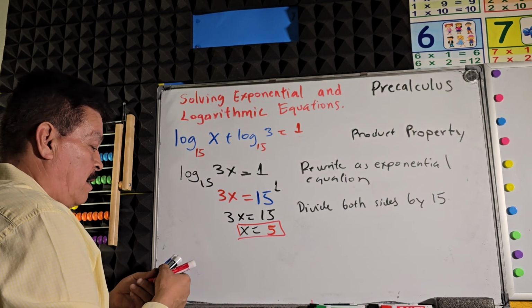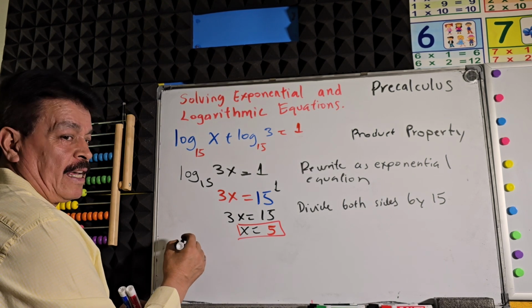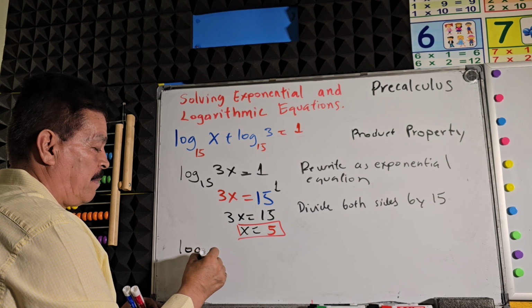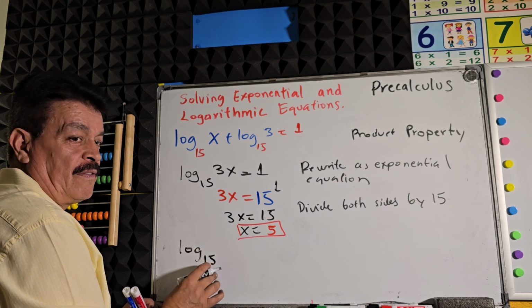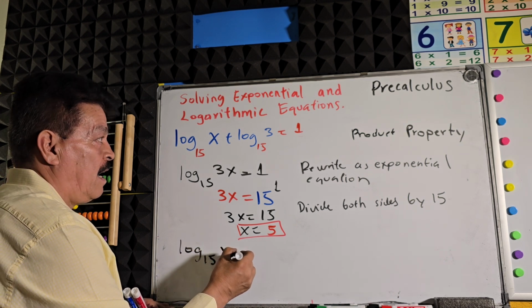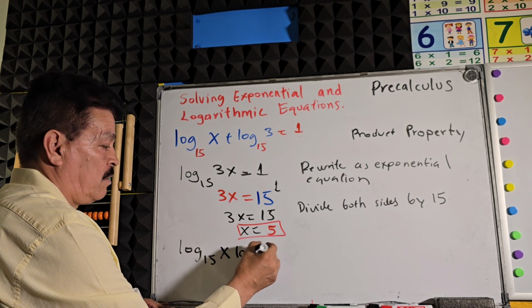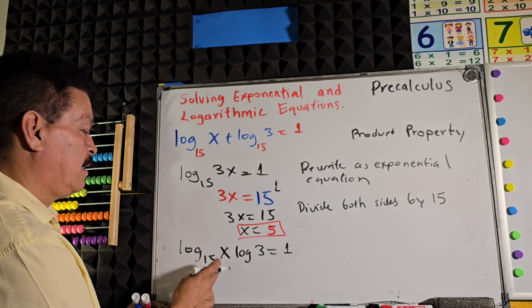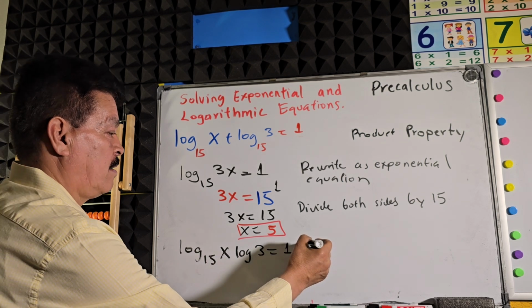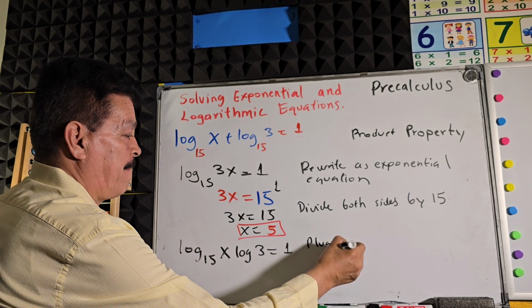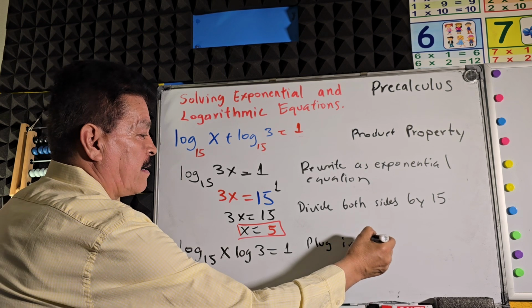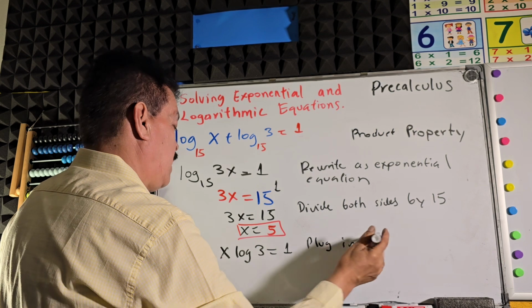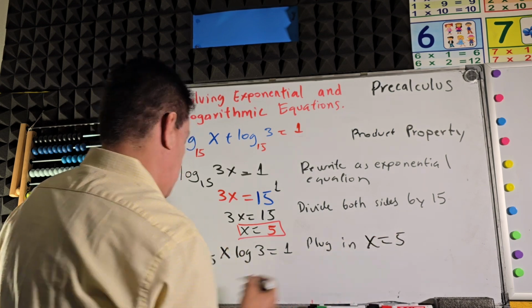Let me write the problem again: log with base 15 of x plus log of 3 equals 1. Just plug in x equals 5.